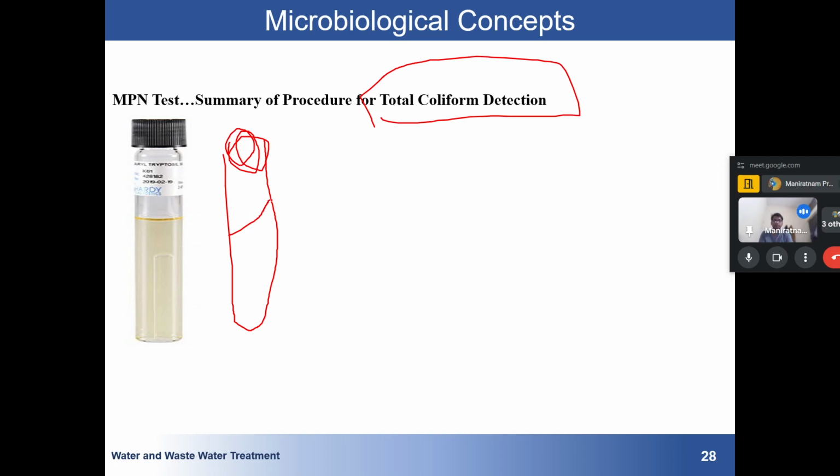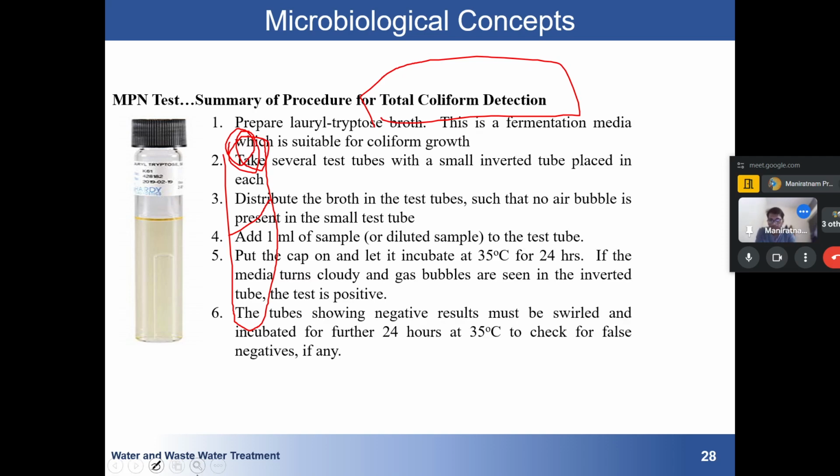I will be discussing what chemicals are used in this experiment. Just one minute. This broth is used. Broth is a kind of food for coliform bacteria, which is known as Lauryl Tryptose broth.